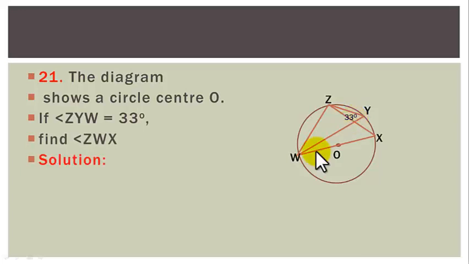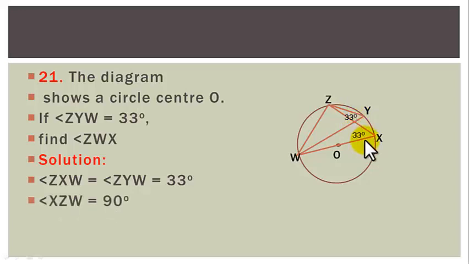Solution. We know that angle ZXW, that's this angle, is equal to angle ZYW, equal to 33 degrees. The reason is that the two angles are angles in the same segment of a circle.